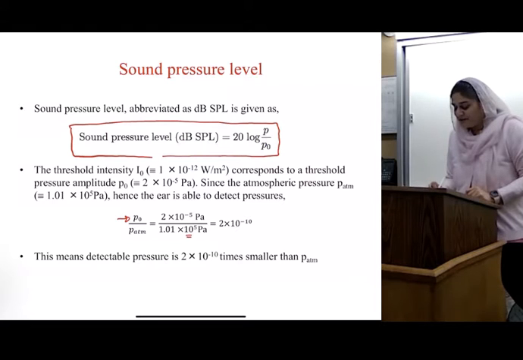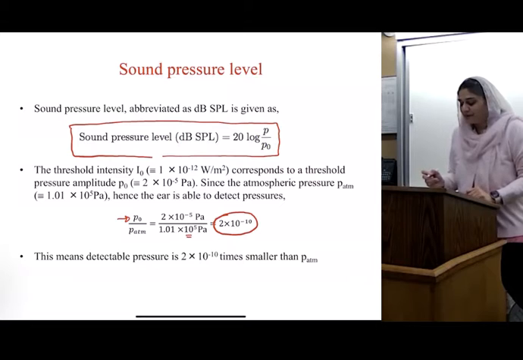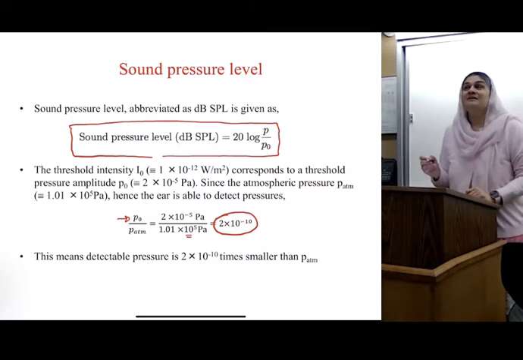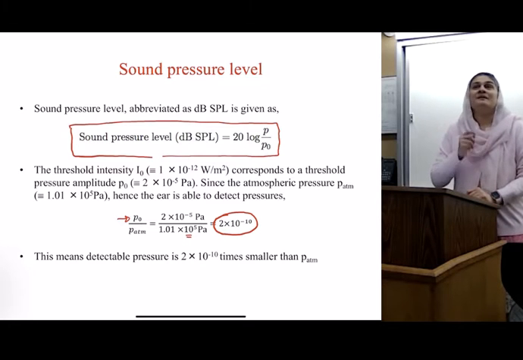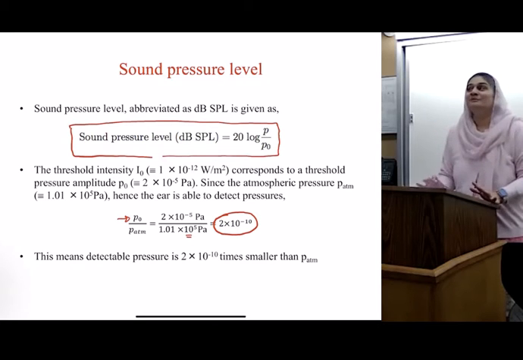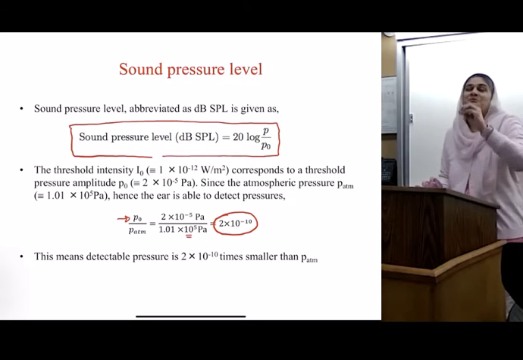So that means a detectable pressure is 2 times 10 to the minus 10 times smaller than atmospheric pressure. That's how much human ears can hear. Fascinating. Such a tiny, tiny pressure.